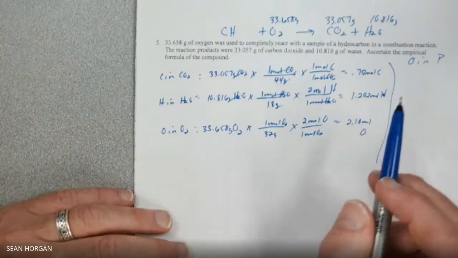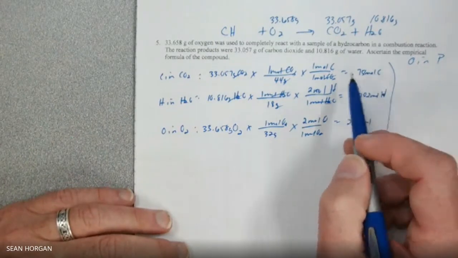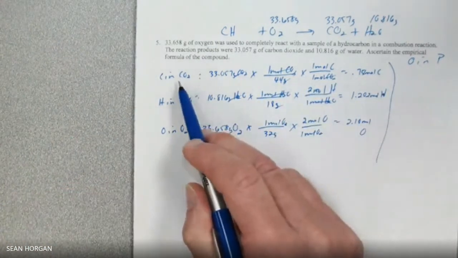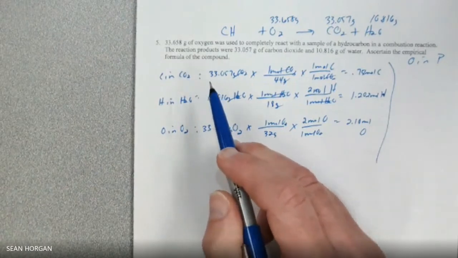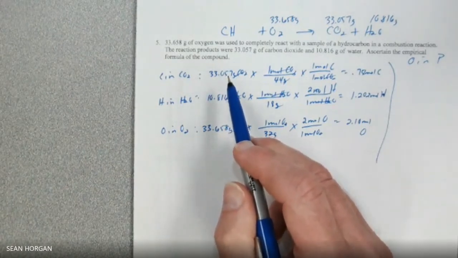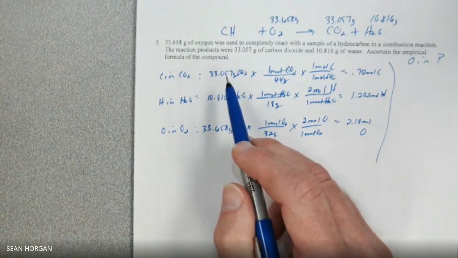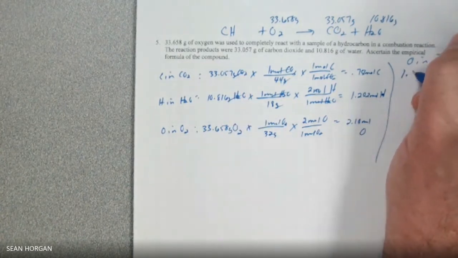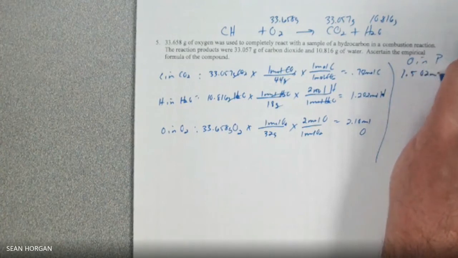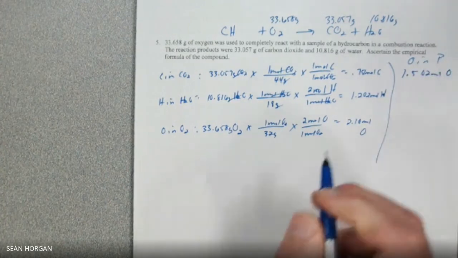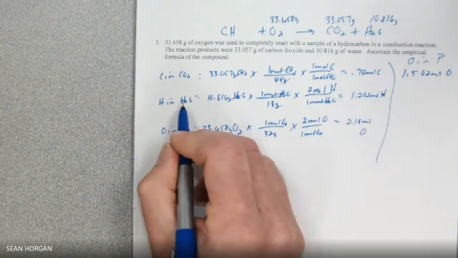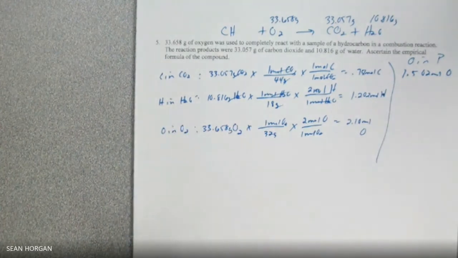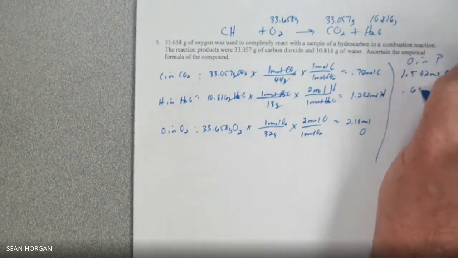So let's see, ready? So we'll go ahead and it's a 2-to-1 ratio between O and C in CO2. So if I have 0.751 times 2, then I end up with 1.502 moles of O. And then I have 1.202 moles of H, but it's a 1-to-2 ratio here as well, but it's the opposite way. 1.202 divided by 2, which gives me 0.601.